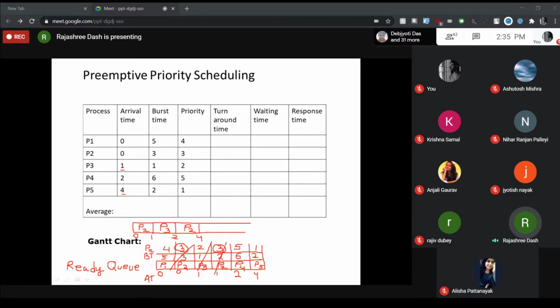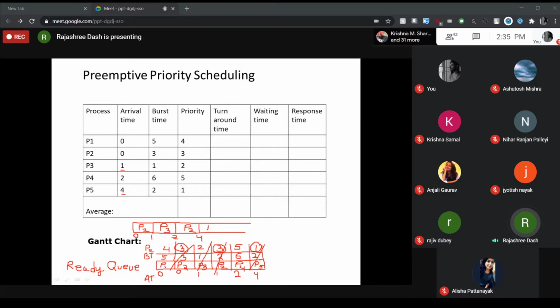So now there are three processes in the ready queue. One is P1, next is P4, and third is your P5. Now who will tell me what will be the next process to be allocated to the CPU for execution? P5, because P5 has the priority number 1.